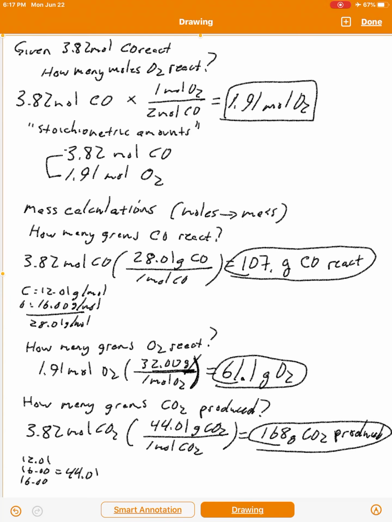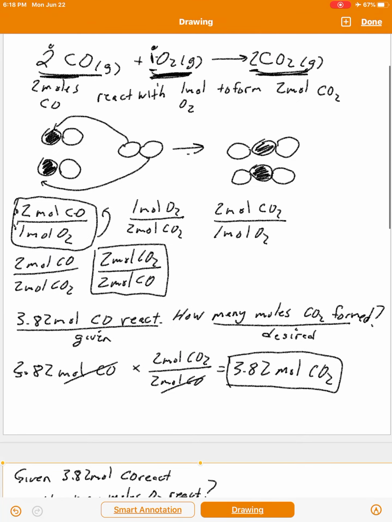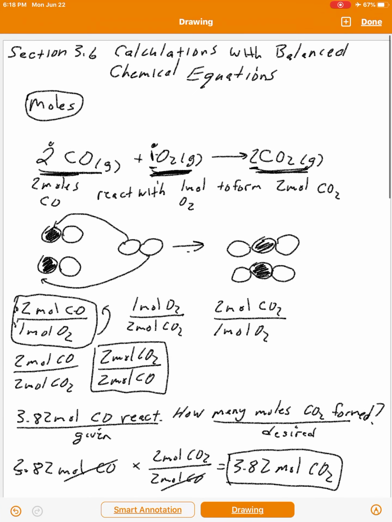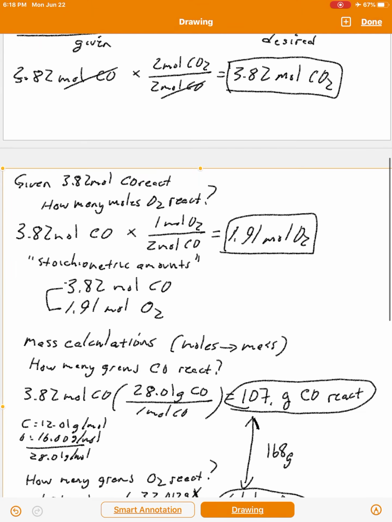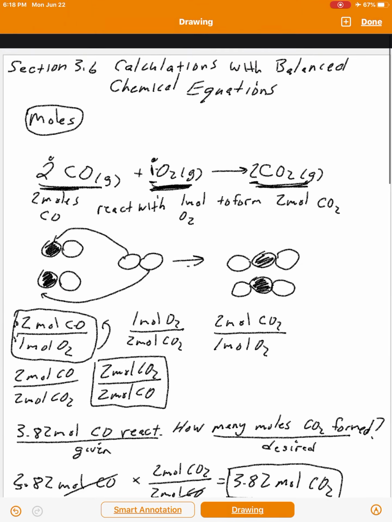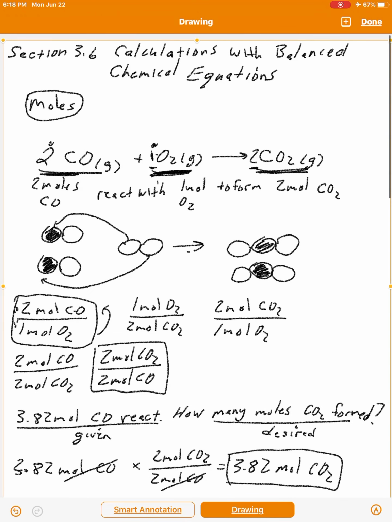Now, I will point out, if you add these two together and round it to the nearest gram, you get 168 grams. And that makes sense, right? Because what we're doing is we're mixing stoichiometric amounts. So if 107 grams of this reacts, and 61 grams of this react, you should get 168 grams of this produced.